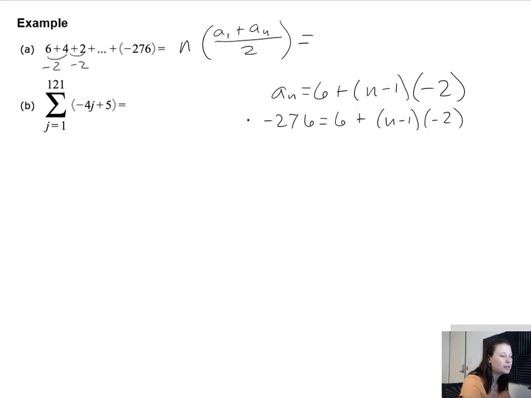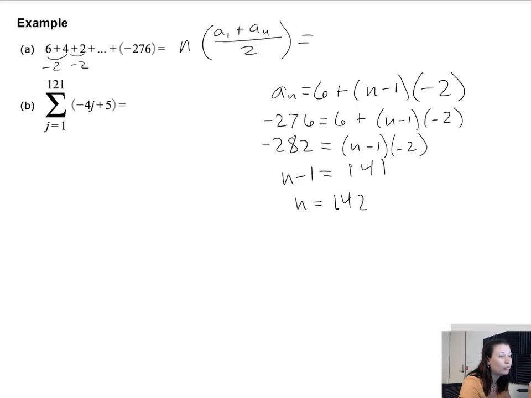So subtract the 6. Negative 276 minus 6 is negative 282 is equal to n minus 1 times negative 2. So divide by negative 2. So then n minus 1 is equal to positive 141. Add the 1 over, so n is equal to 142. Okay, so now we know what n is.